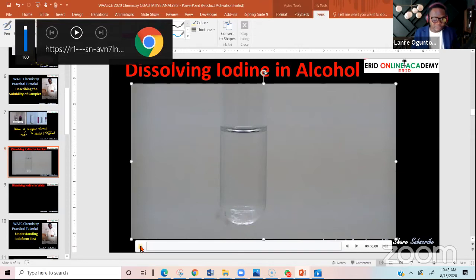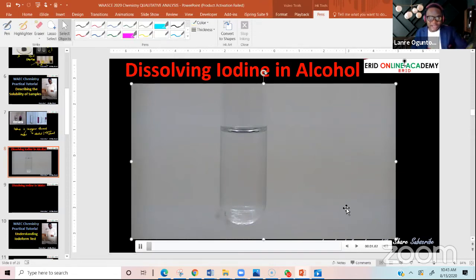So let's look at this now. I will pour iodine crystal inside this tube, so you see whether we have any quantity of iodine left. We are pouring the iodine crystal into the tube gradually. If you look at it properly, the crystal is dissolving. It's not gathering at the bottom of your tube.